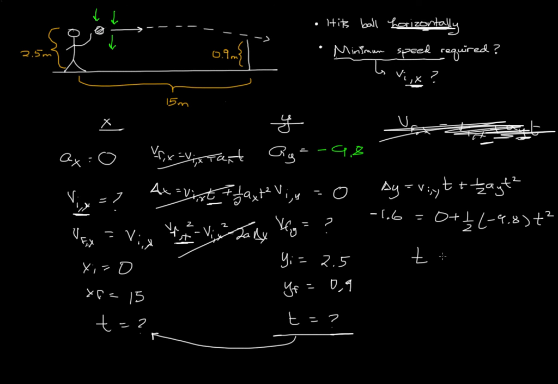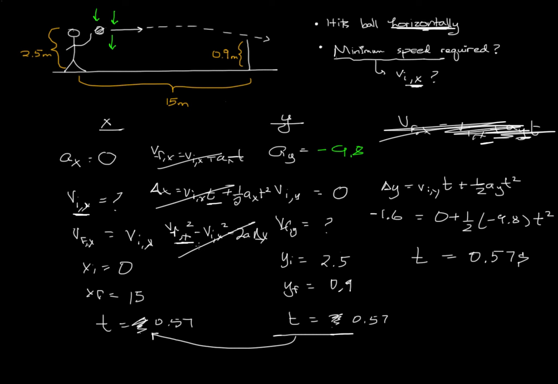And if we solve for time, we will get 0.57 seconds. So we got time. Now we can say this is no longer a question mark. Now we know this is 0.57 and this is 0.57 here.